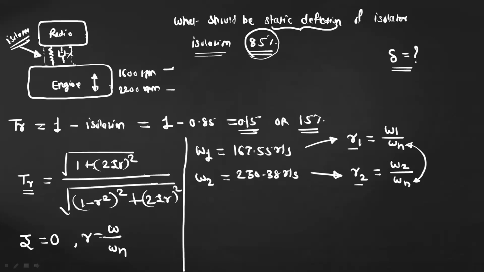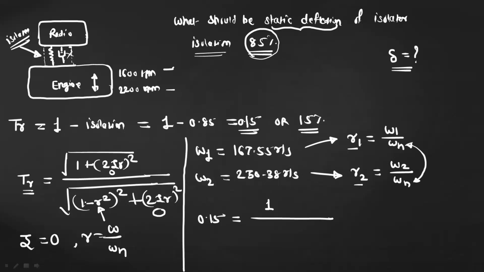So by using this formula, first find out the ratio R. Just put the value of transmissibility as 0.15. This is equal to, as zeta is 0, the numerator square root becomes 1 plus 0, and the square root of 1 is 1, upon the square root where zeta is 0, so this complete value is 0.